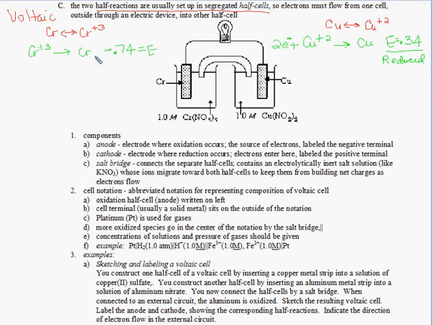It also tells you that your chromium cannot be reduced because of the negative voltage. So we're going to have chromium solid turn into the chromium ions, meaning that it'll be oxidizing, losing 3 electrons, and it will have a voltage now, because we've reversed the reaction, of a positive 0.74.